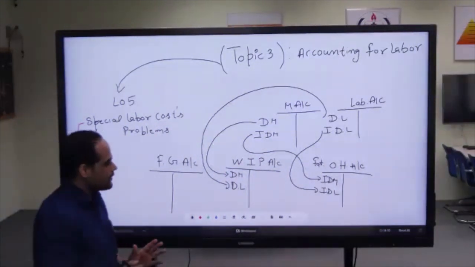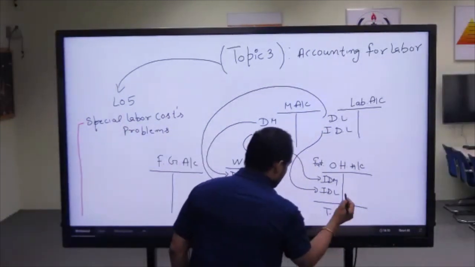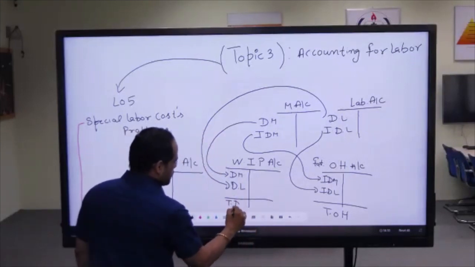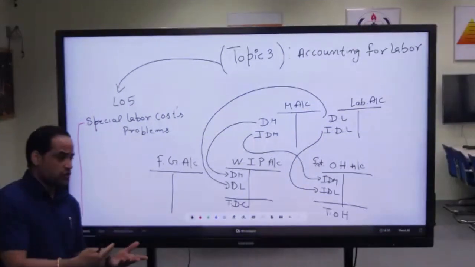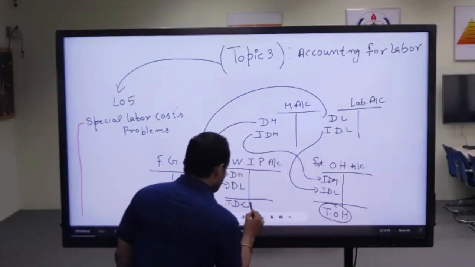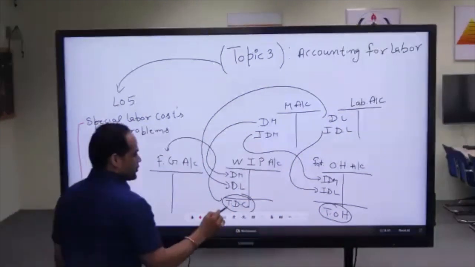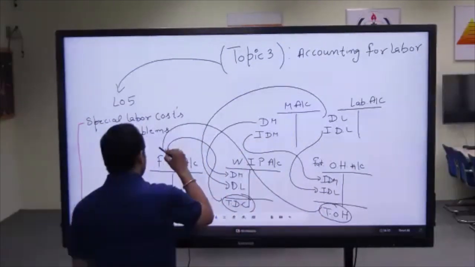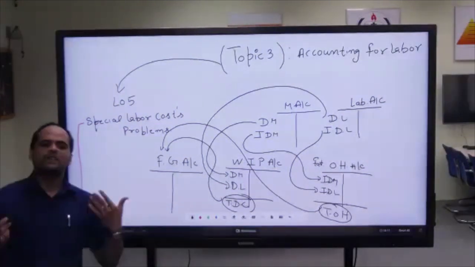So once we have total overheads, that's my total overheads, and that's my total direct cost or total direct manufacturing cost. So these kinds of cost, this and this will transfer to finished goods. So finished goods is a combination of three main kinds of cost.